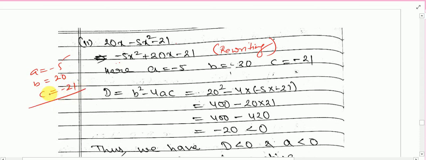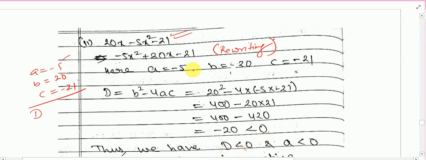Now we want to find its sign. Firstly we will find its discriminant, b square minus 4ac. Substituting the values, you get minus 20, which is less than 0. So D is coming negative.